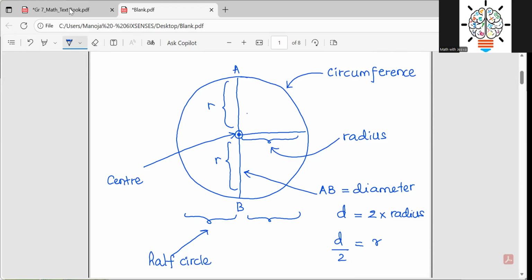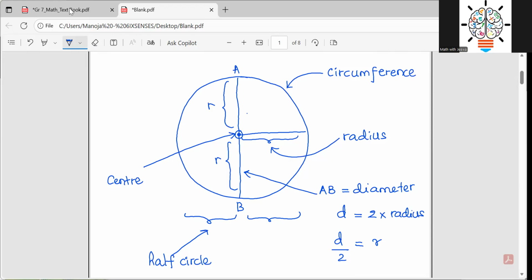We talked about the circumference, the outer boundary, and the difference between the circle and other 2D shapes. All the other 2D shapes have straight lines, but here we have a curved edge, and in the middle we name it the center. From the center, if you draw a line to any point on the circumference, we name it the radius.